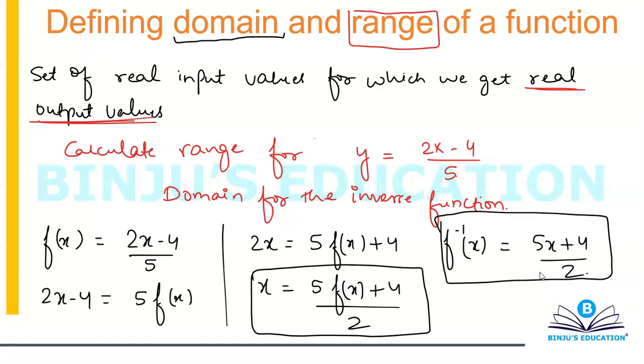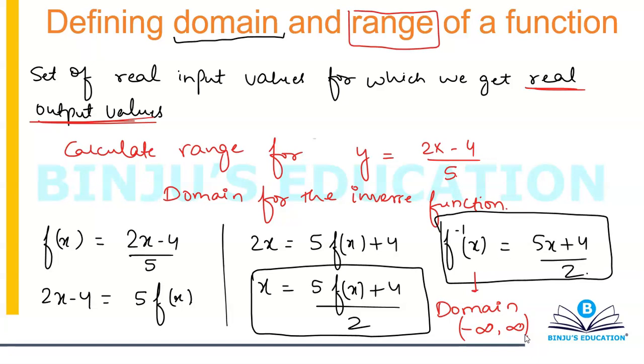Think of any value, you will always get a real output. So you can say that the domain for this function is basically from negative infinity to infinity. So the range for the parent function will be from negative infinity to infinity.